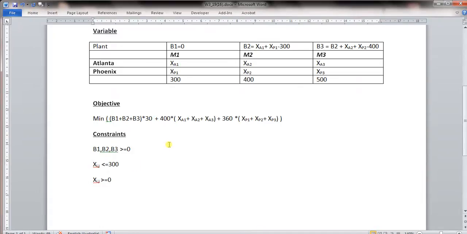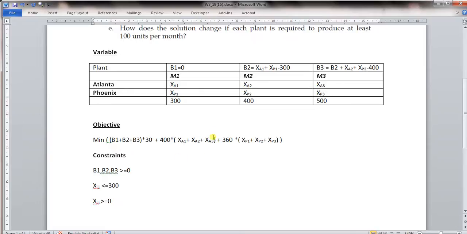So that's it. We have to simply convert this into our spreadsheet. I'll tell you how to do that.